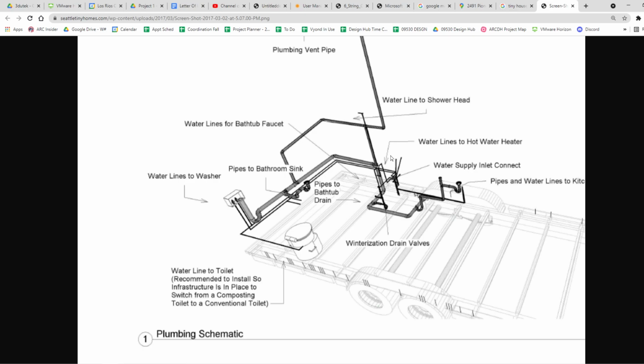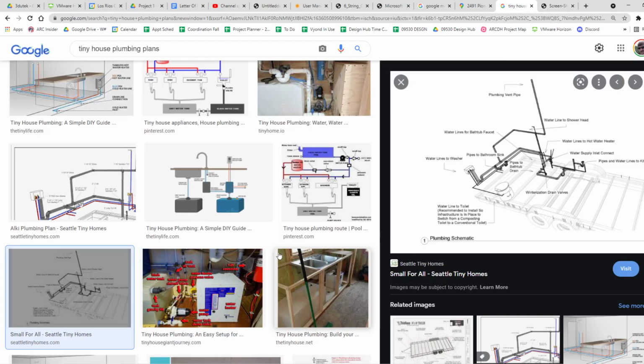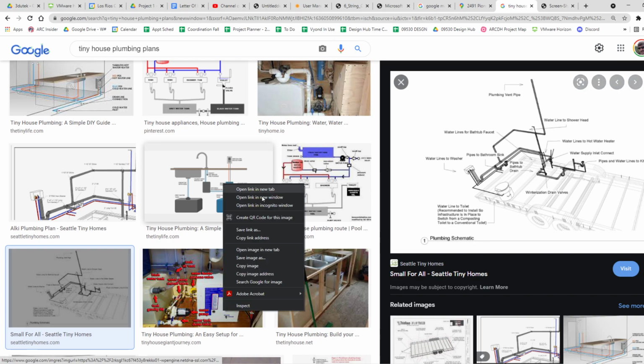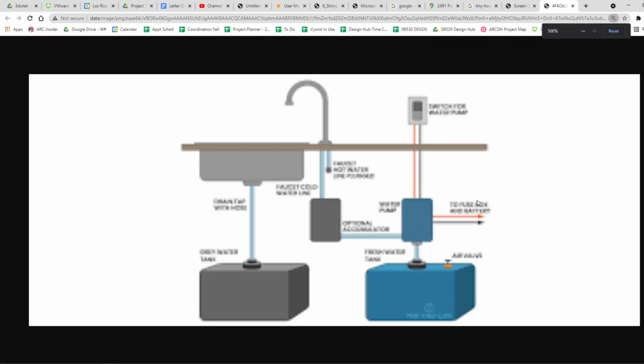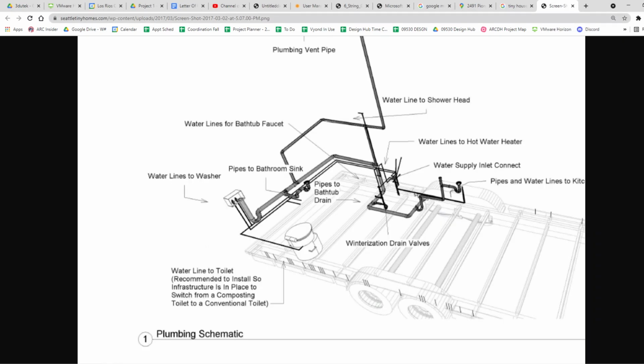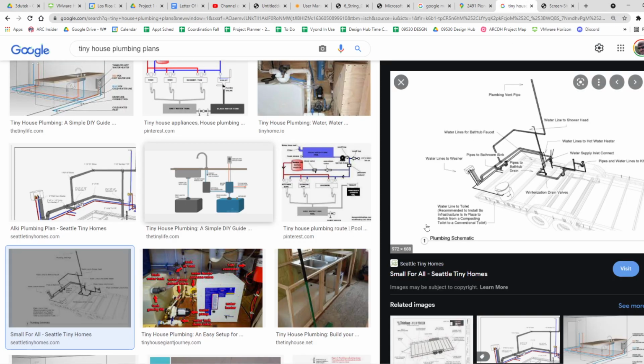Cool. So, you know, I just typed it in. Here's another good one. If you wanted to open that one up, any of these would be, well, that one's hard to read. Never mind. This one looks like this one, but in color.